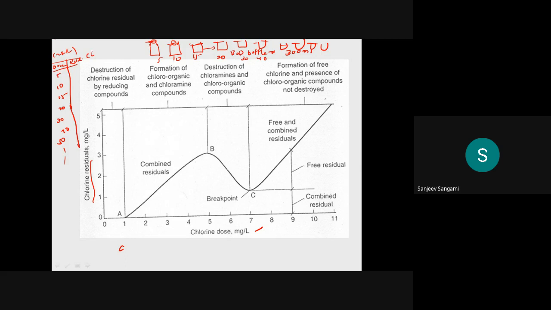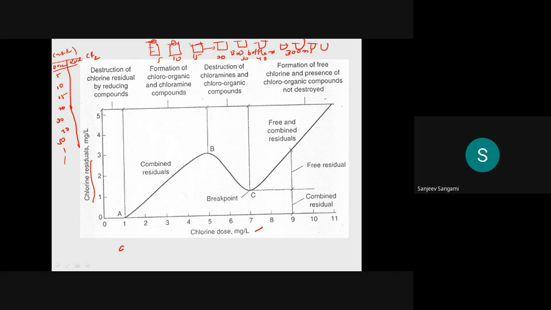Then residual chlorine. Whatever water you have added initially, just assume that it consists of pathogens, iron, manganese, and organic matter also. Organic matter is nothing but dead plants, dead food waste.